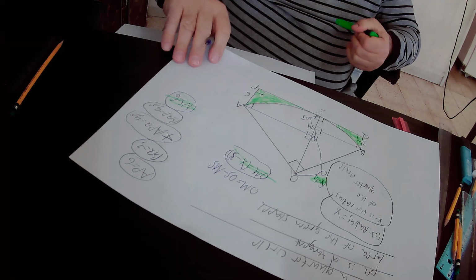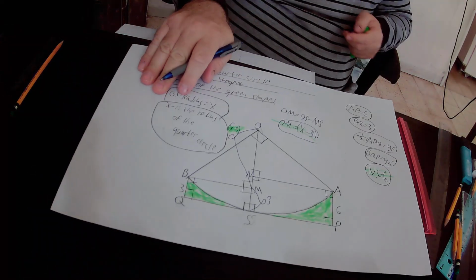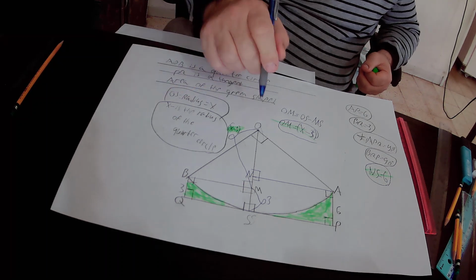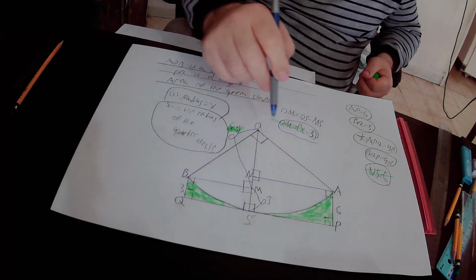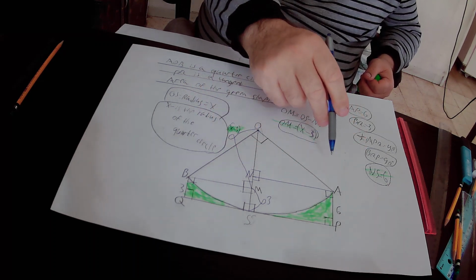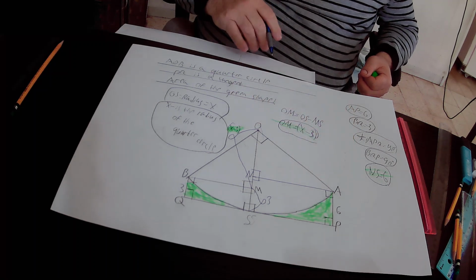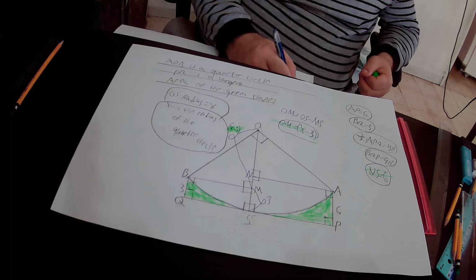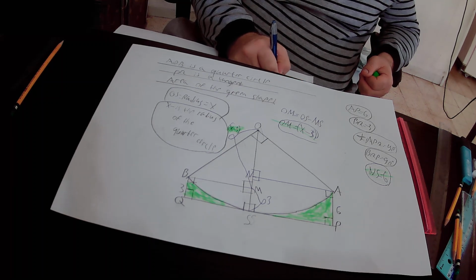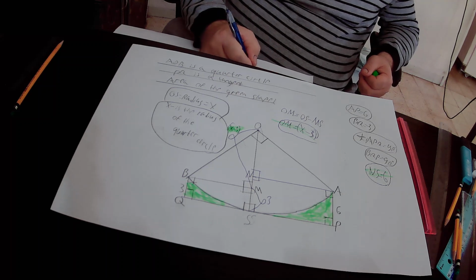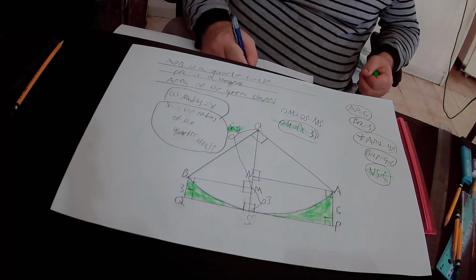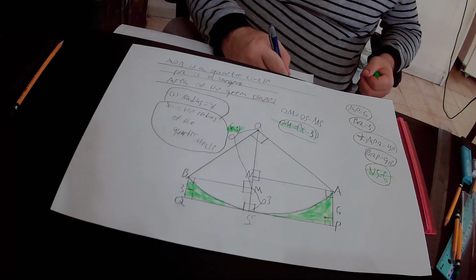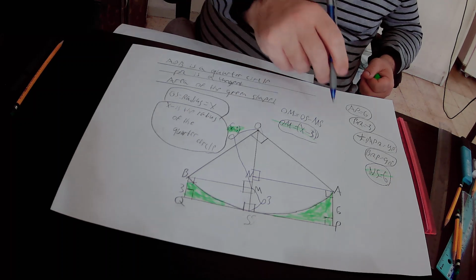And also, we have the rule that the opposite sides of a rectangle are parallel to each other. So in rectangle NASP, side NS is parallel to the opposite side AP. So I write it down. In rectangle NASP, side NS is parallel to the opposite side, side AP.